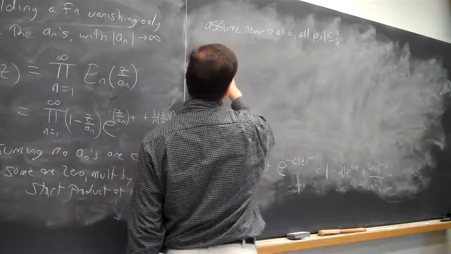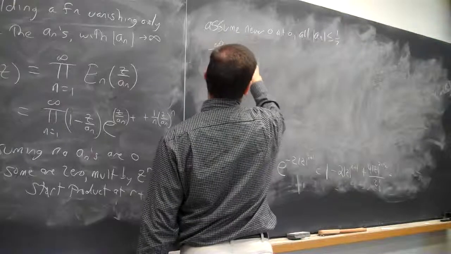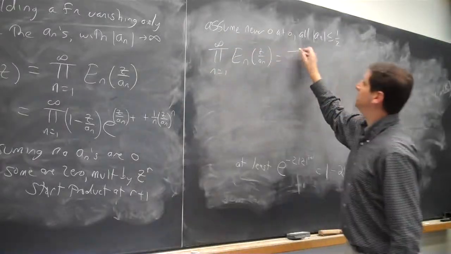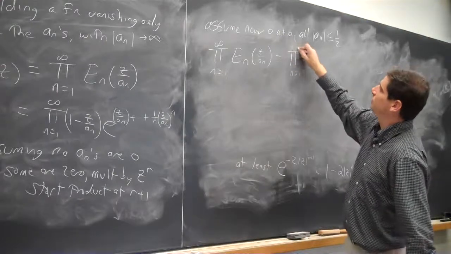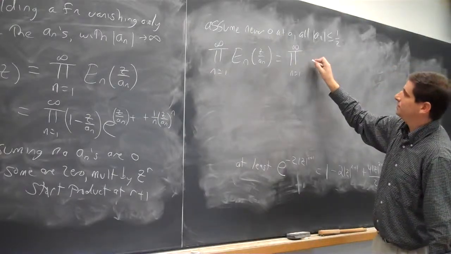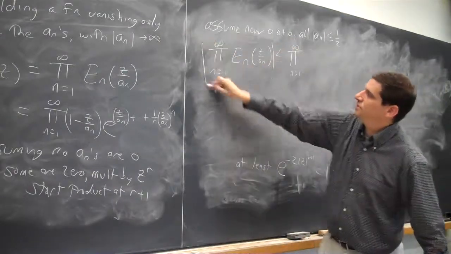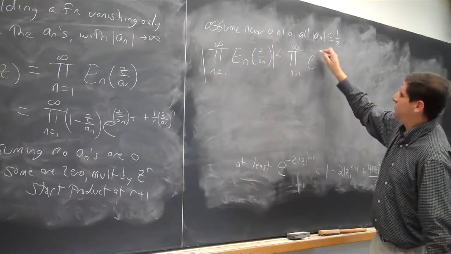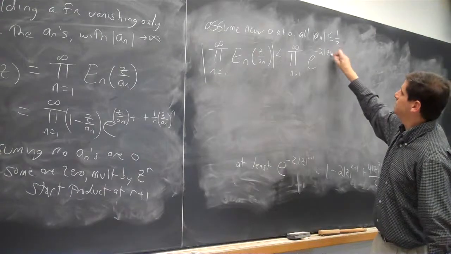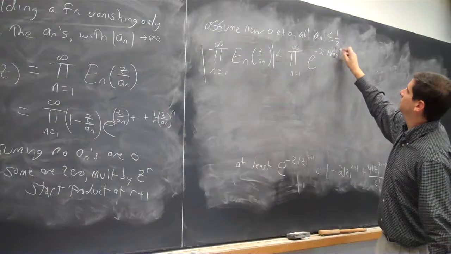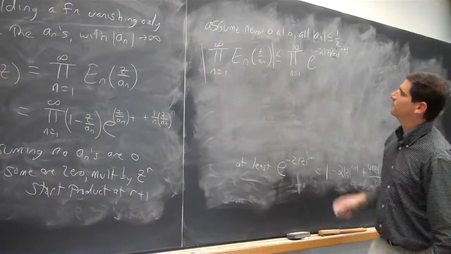So we have the product n goes from 1 to infinity of En of z over an. This is the same as the product n goes from 1 to infinity, and here it's less than or equal to, I'll put in absolute values, e to the negative 2 times z over an to the n plus 1.